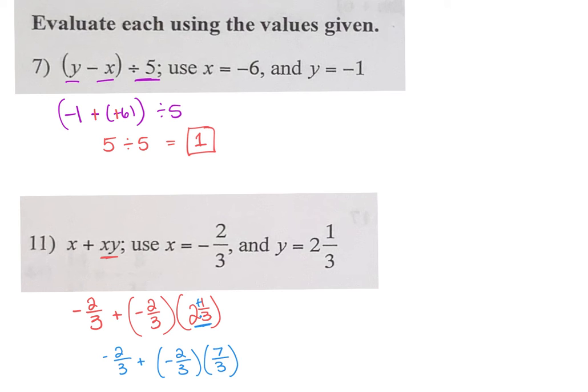Order of operations tells me to do what? What do I need to do with these fractions first? I need to do this piece first. So we're going to leave this first one alone, and we're just going to multiply. 2 times 7 is 14. 3 times 3, and it is a negative because I multiplied a negative times a positive.